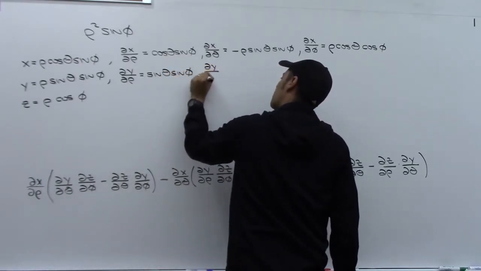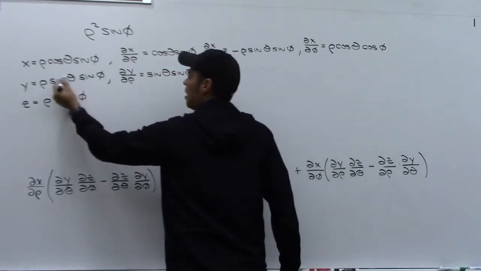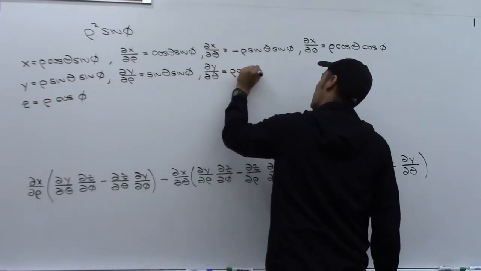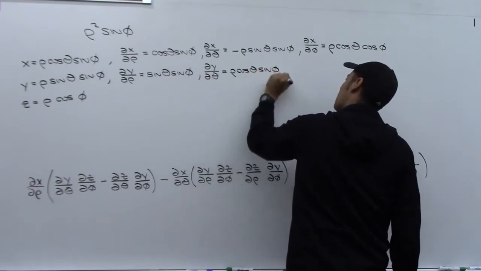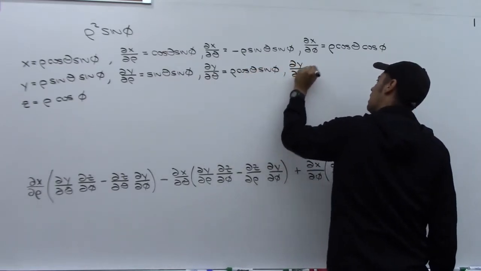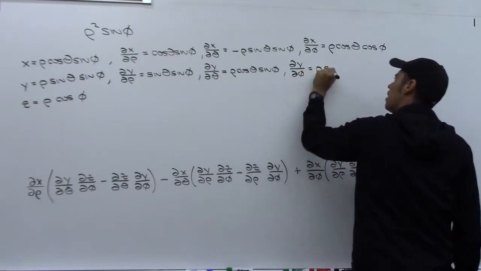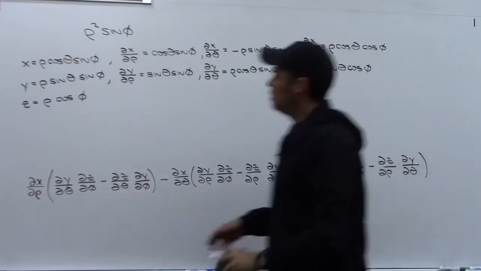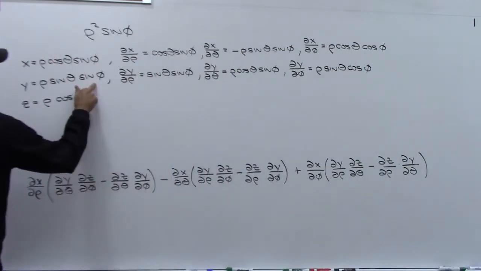Partial of y with respect to theta, I just take the derivative of sine theta as cosine theta, so rho cosine theta sine phi. Partial of y with respect to phi is rho sine theta cosine phi. So that was the derivative of sine phi is cosine phi.